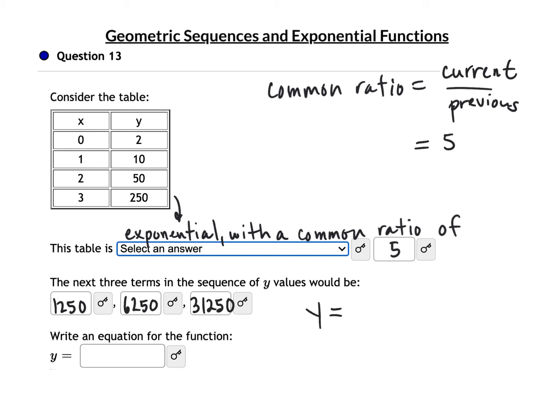What is the equation of the function? We know that it's y equal to start times 1 plus r to the power of x, where x is time. Sometimes they'll use t for an exponent. This is the common ratio.